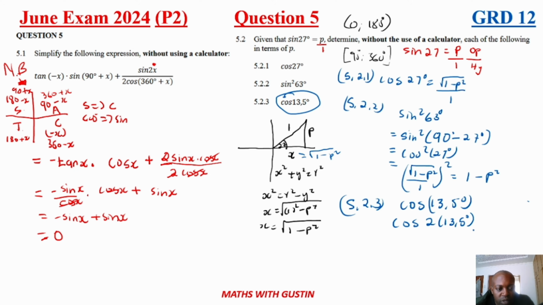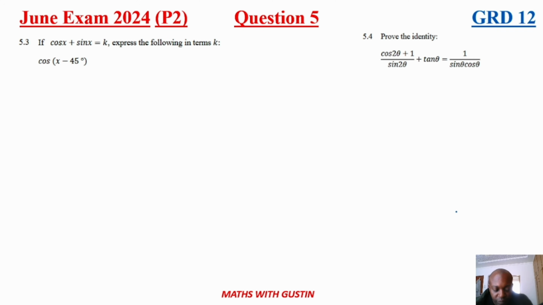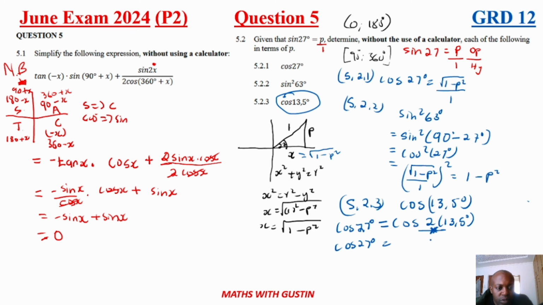Once we write it like this, this will be equal to cos 27 in this case. Cos 27, we know what it is, so I'm just going to write it here. But this part here, guys, is very critical for you to get it right.